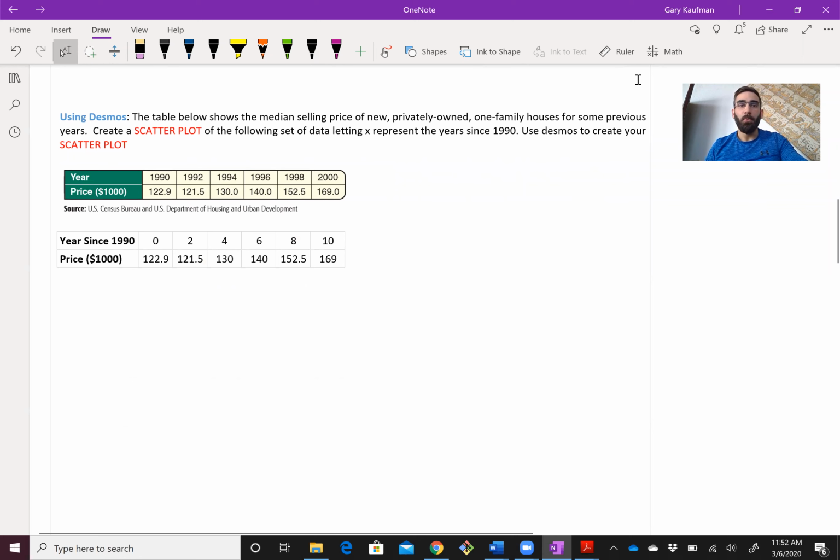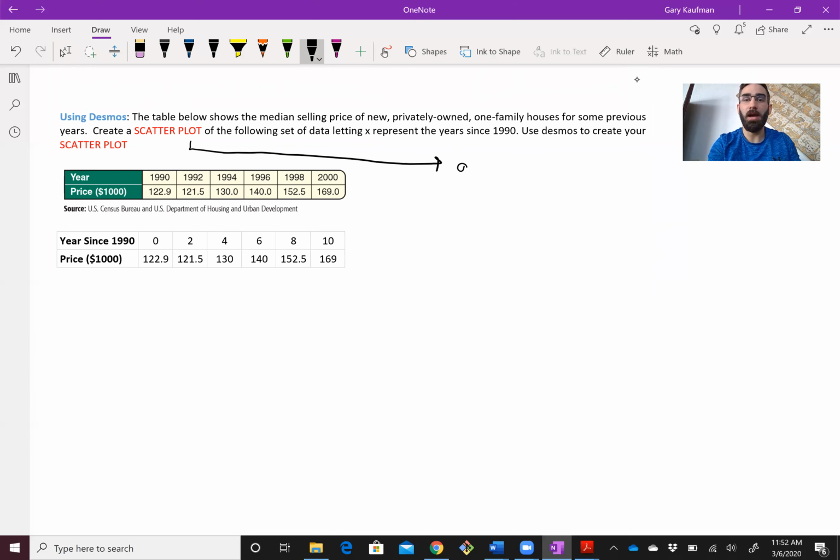So we are going to use Desmos to create what's called a scatter plot. Now, before we go on, I need to define what a scatter plot is. It is a graph of all our data points.